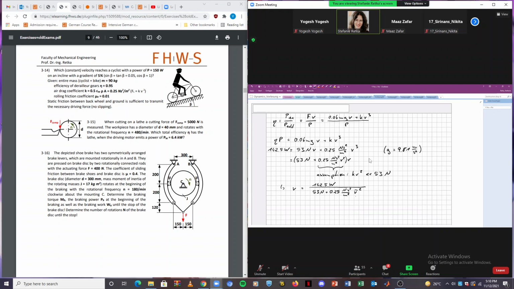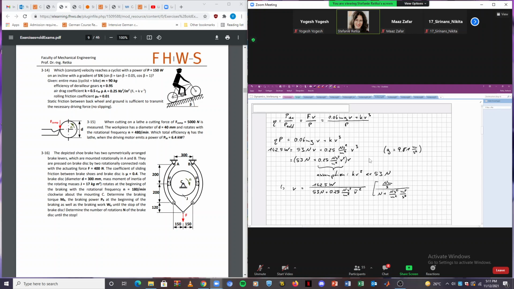Okay, before we start the iteration, we will check the dimensions first to make sure that we rearranged the equation correctly. We have watt, which is equal to Newton meter per second. And we have Newton plus Newton square second over square meter, and v square is meter square per second square.